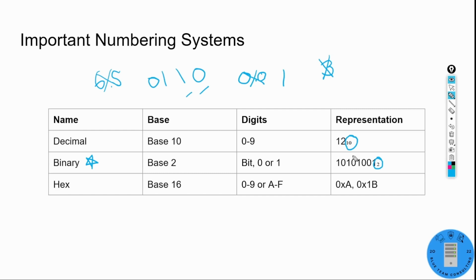The other important numbering system we're going to want to work with computers is hexadecimal. We're going to call this hex for short, and it uses the base 16 schema.